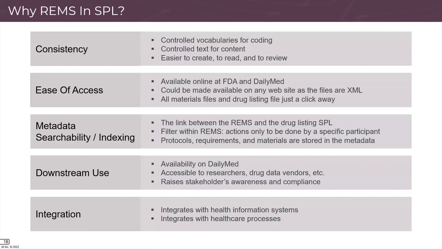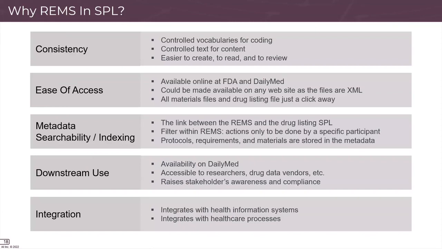SPL also makes the REMS a searchable document, and in a few ways. First, SPL documents and the REMS have a ton of metadata. The protocols, the requirements, and all of the materials are held as metadata. And metadata means easier searching, as you all know from SPL, because you can find your information much easier with SPL.